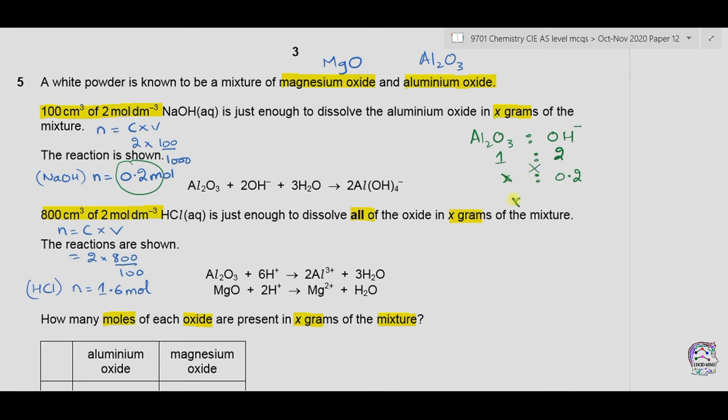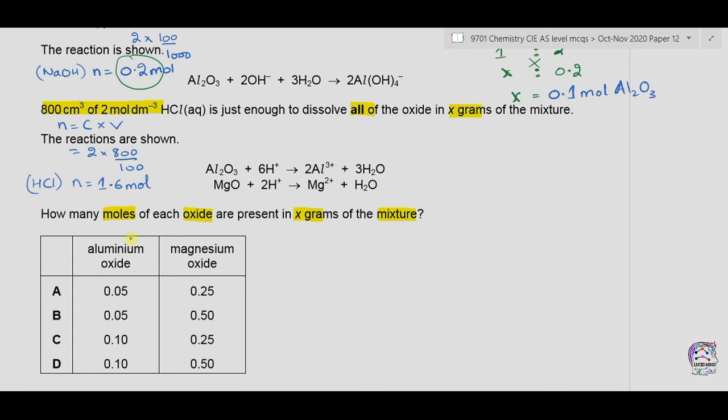By cross multiplying we can get the value of X. X equals 0.2 divided by 2, which equals 0.1 mole of aluminum oxide. So we can say that 0.1 mole of aluminum oxide is present in the mixture. So either it is C or D.